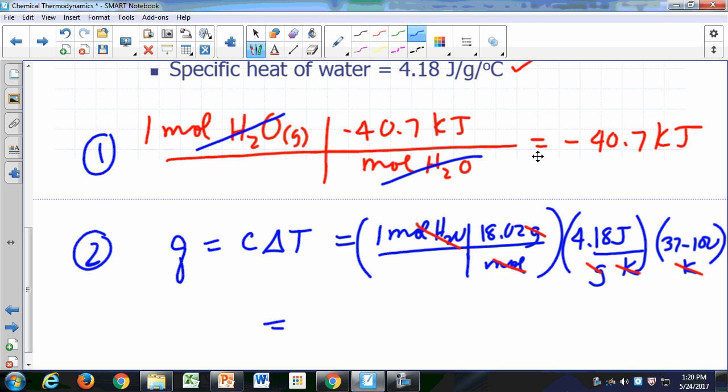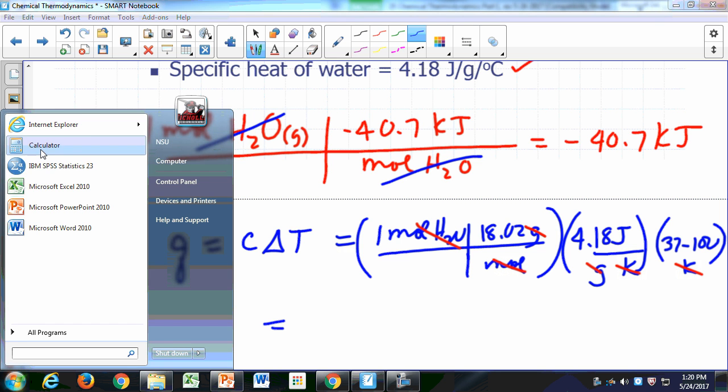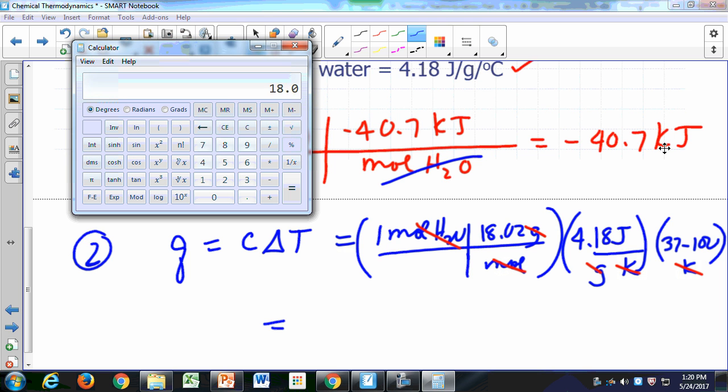Let's see what that number is. 18.02 times 4.18 times parenthesis 37 minus 100, close parenthesis. So this is negative 63 over here. That's a temperature drop, so it's going to be releasing heat. That's equal to minus 4,745, with 2 sig figs, so minus 4,700 joules.